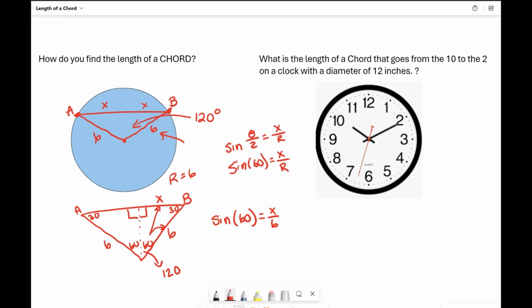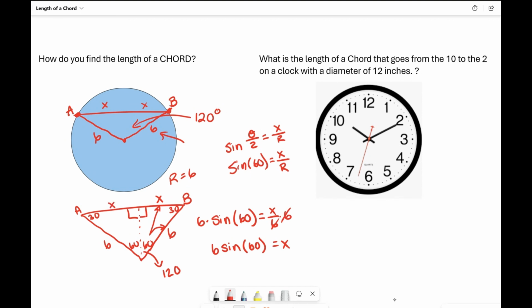So we're going to multiply both sides by 6. These will cancel. So you have 6 sine of 60 equals x. All right, so that gives us one of the x's. We need the other x.